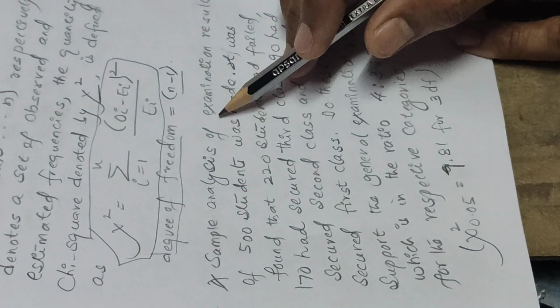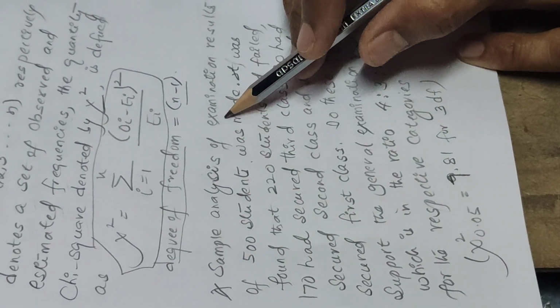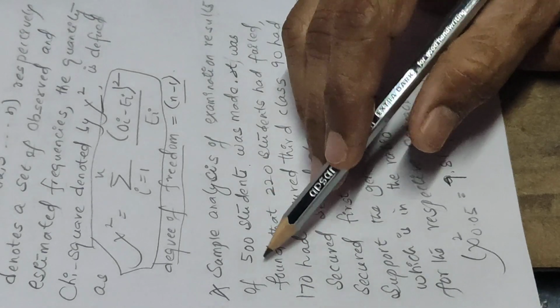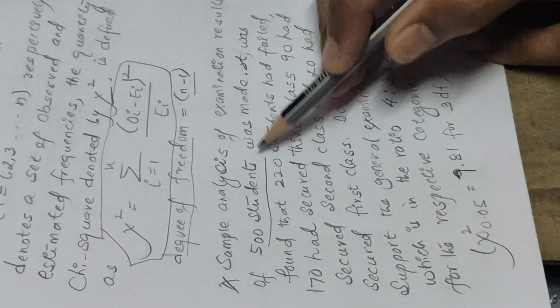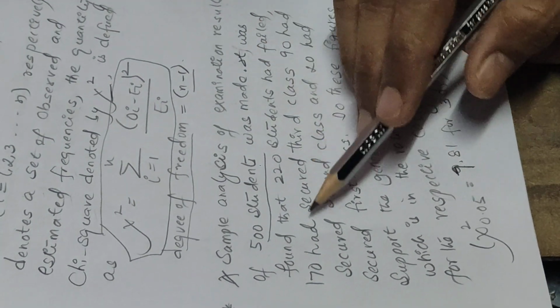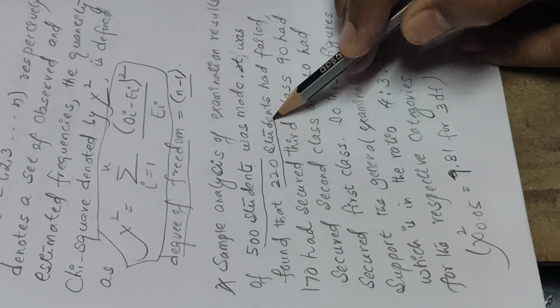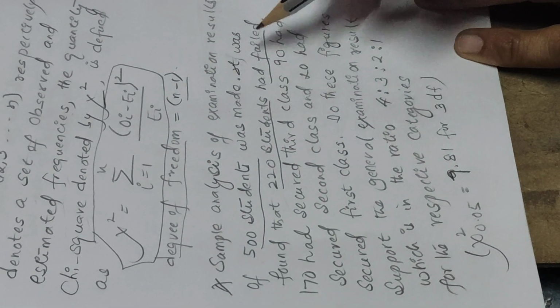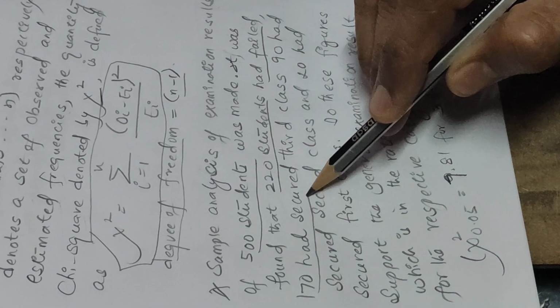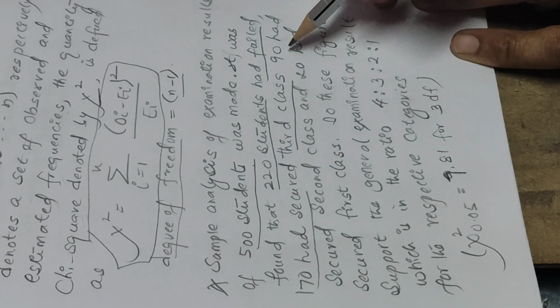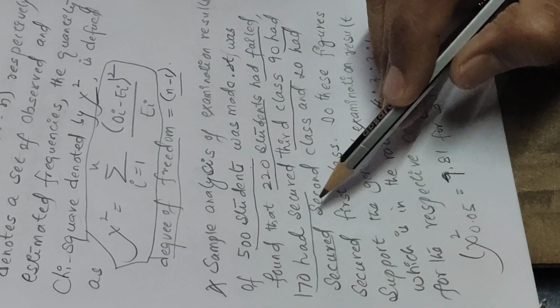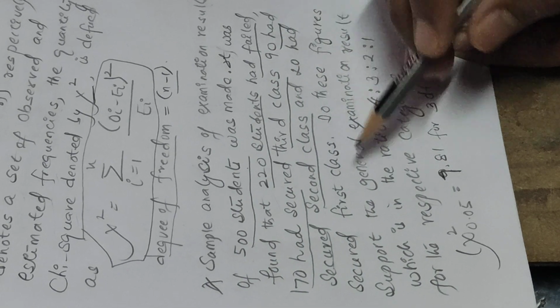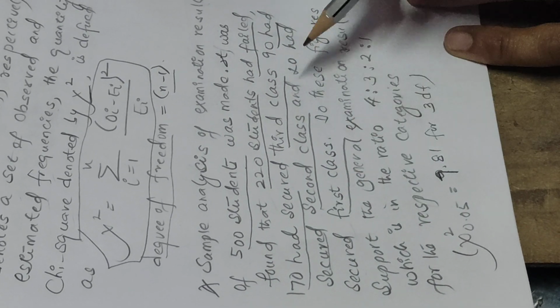A sample analysis of examination results of 500 students was made. It was found that 220 students had failed, 170 had secured third class, 90 had secured second class, and 20 had secured first class.